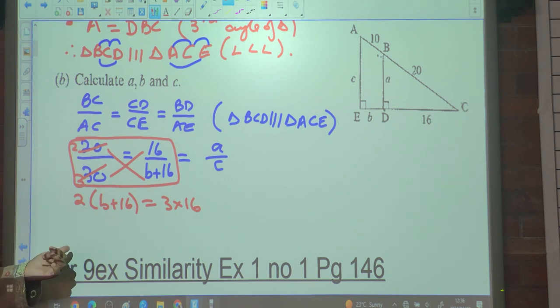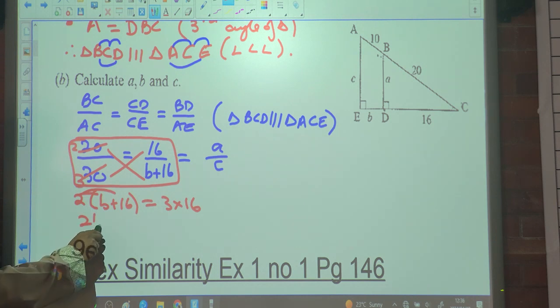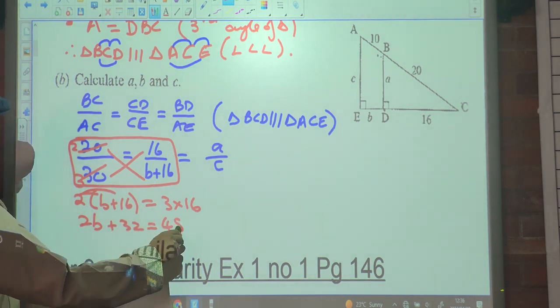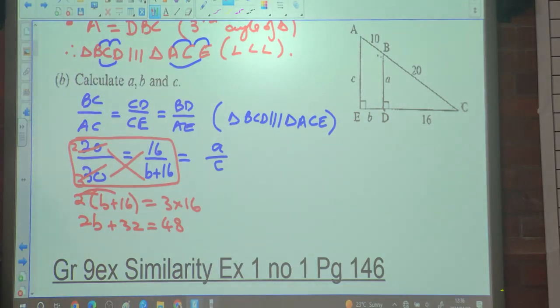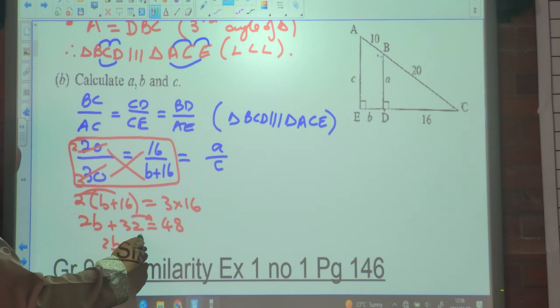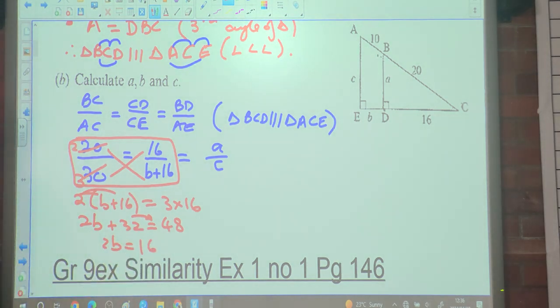So how are we going to solve for b here? Multiply it, get rid of the brackets, not so. So 2b plus 32 is equal to 48. We take 32 over, so 2b is equal to 48 minus 32, which is 16.